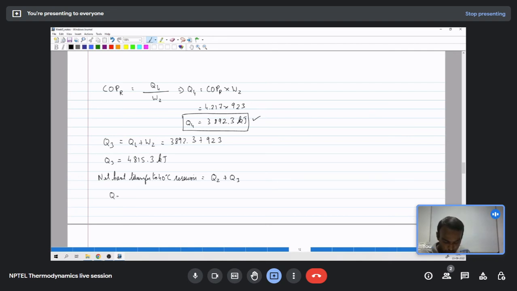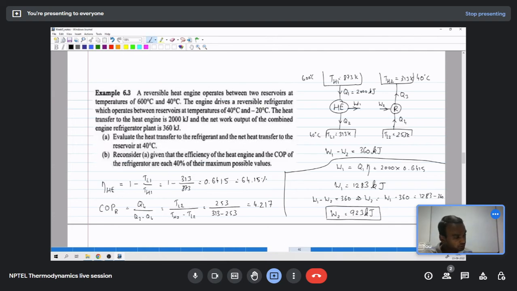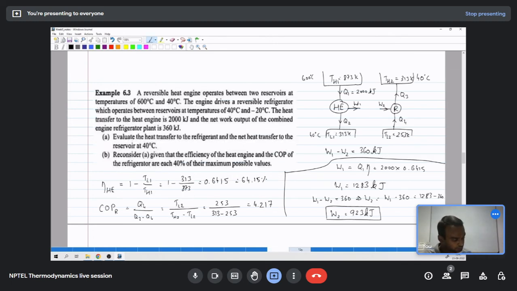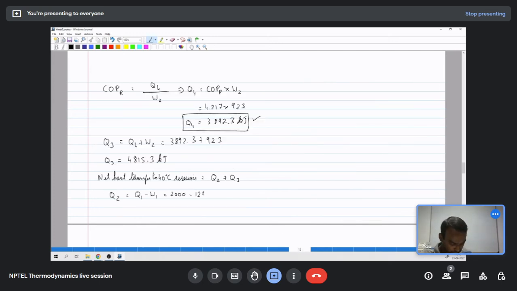I need to calculate Q2. This is given by Q1 minus W1, and Q1 is 2000 kilojoules minus W1, which is 1283. So I have Q2 as 717 kilojoules.